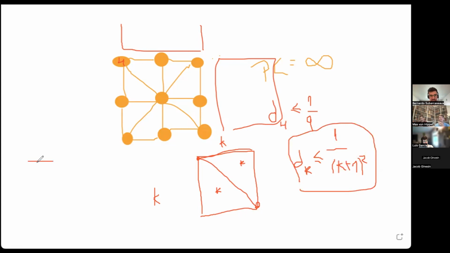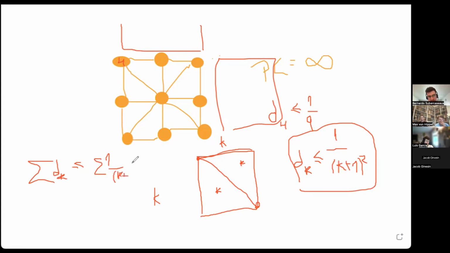And if I sum that density over all K starting from 1, that's smaller or equal than the sum of 1 over (K plus 1) squared.